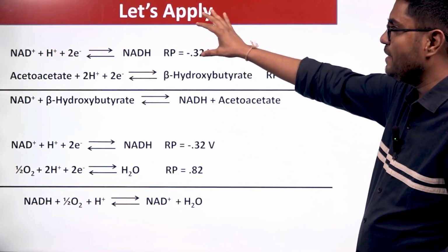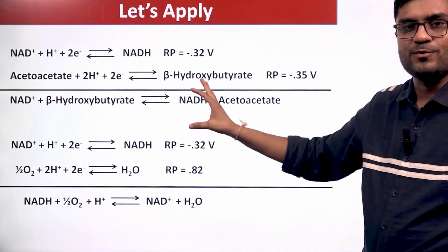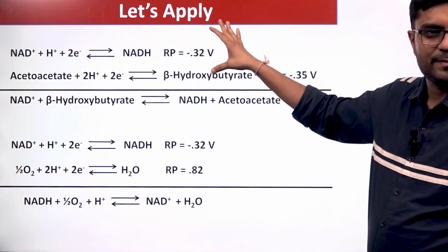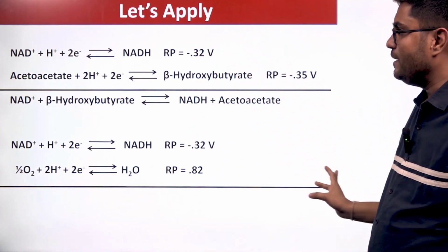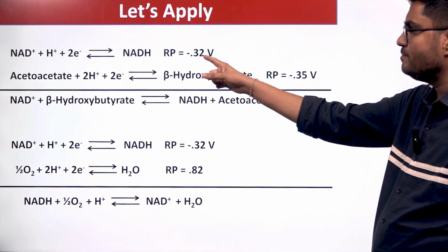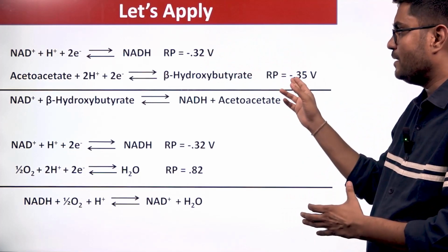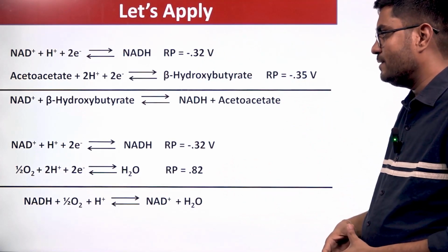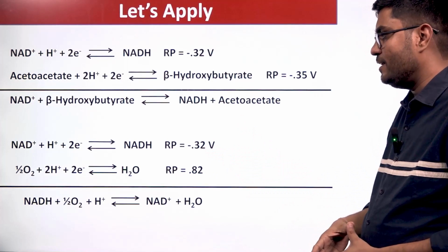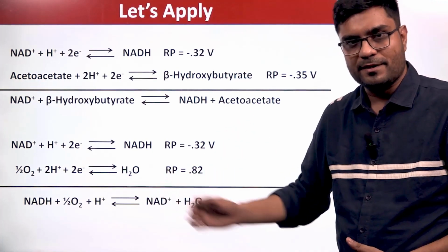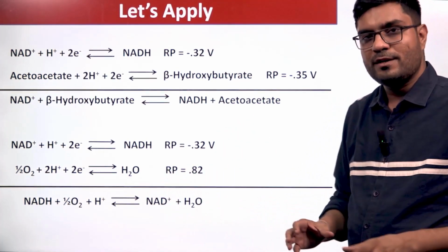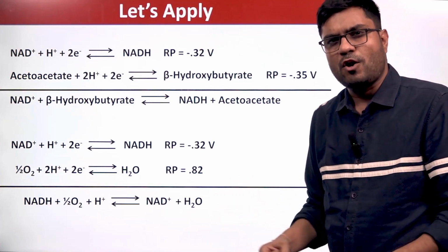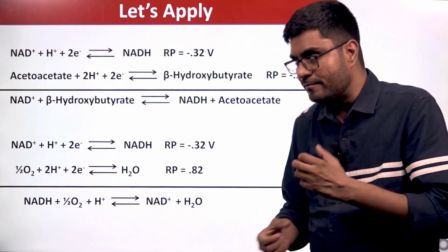So for the same NAD plus, we have two situations. In the first example, the reduction potential for NAD plus is higher than the other partner, and in the second example, the reduction potential for NAD plus is lower than the other partner reaction. So lower, higher, more, less, all these words are relative.